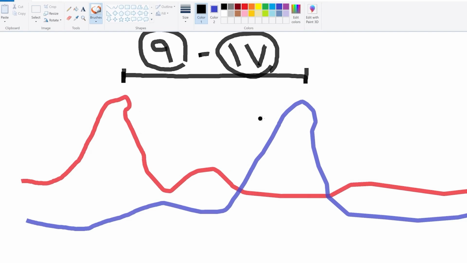That is, whenever we see such a situation on the chart, where the distance between these two peaks is 9 or 17 candles, not any other numbers, only these two, our trend will reverse. If we have an uptrend, it will turn into a downtrend, and if it's a downtrend, it will turn into an uptrend.